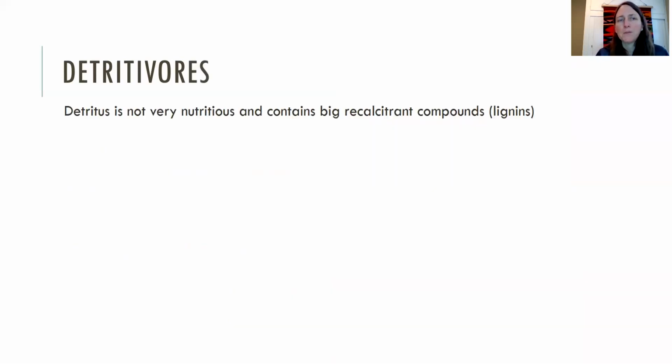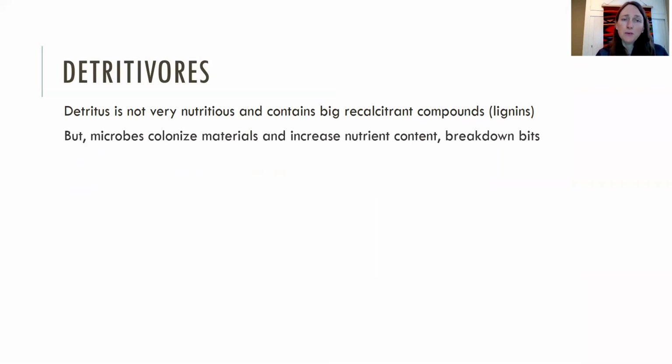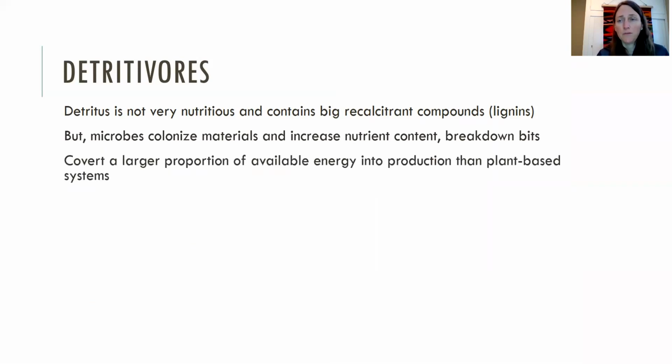Detritivores, what's interesting is that detritus is not very nutritious. It tends to have lots of big recalcitrant compounds like lignins, but the microbes that colonize these materials can increase its nutrient content and help break it down and make it more available. So detritivores convert a large proportion of available energy into production, a larger proportion than plant-based systems.